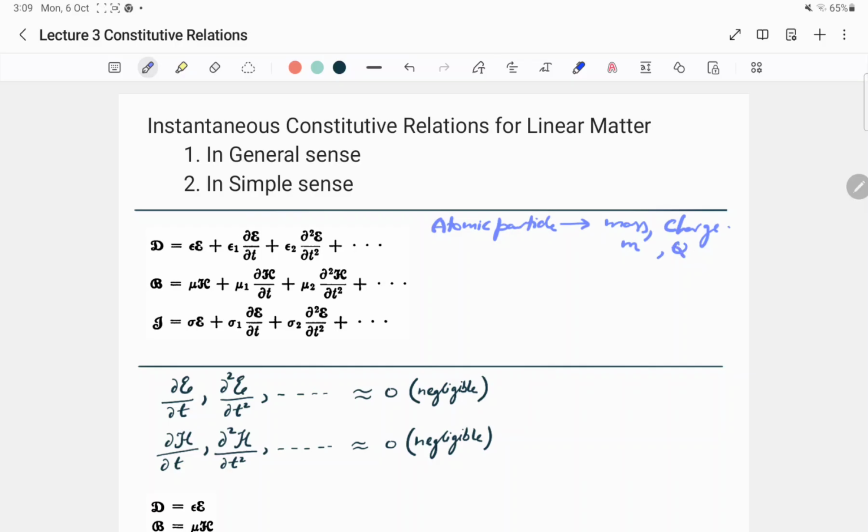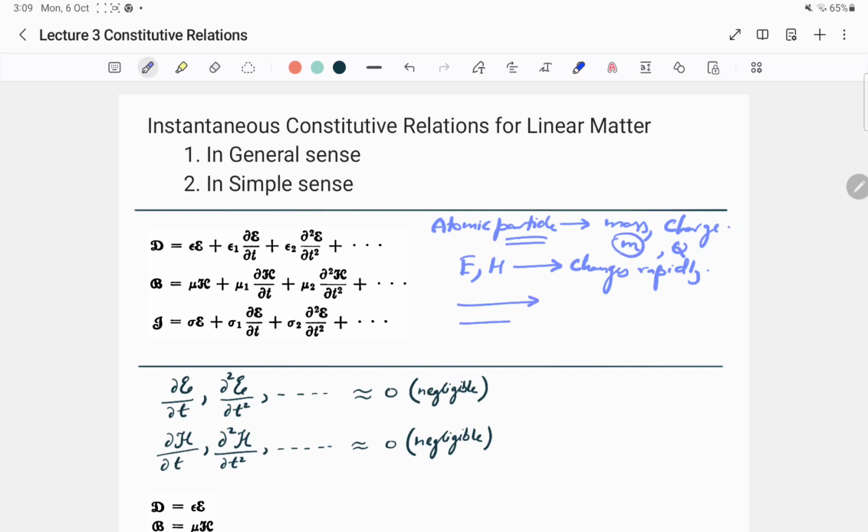So when the field, when I say E or H, changes rapidly, then these particles cannot follow the field so quickly. For example, suppose an electron has been accelerated by the field and the direction of E changes, then there will be a time lag before the electron can change direction because of its momentum, because it has mass.